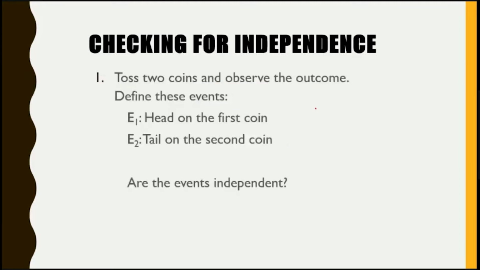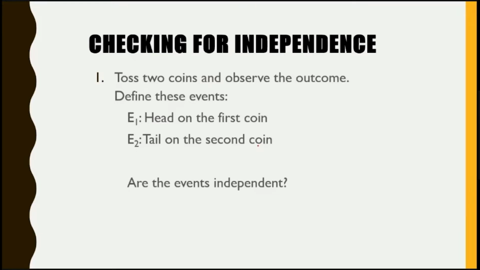Okay, let's have this example. Toss two coins and observe the outcome. Define these events. E sub 1 is head on the first coin, E sub 2 is tail on the second coin. Are these events independent?